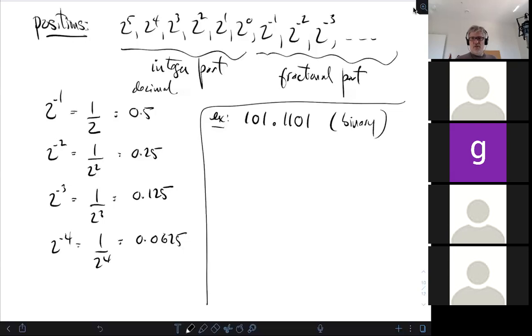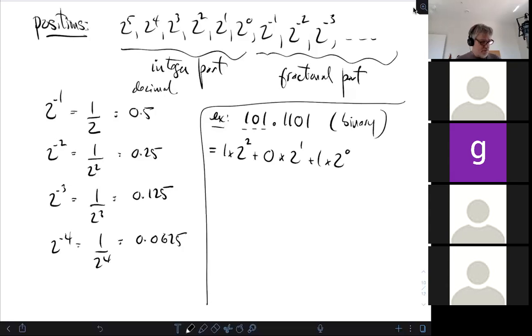Okay, so what does that stand for? Again, positional system, powers of 2. This is power 0, power 1, power 2. So this is 1 times 2 power 2 plus 0 times 2 power 1 plus 1 times 2 power 0.